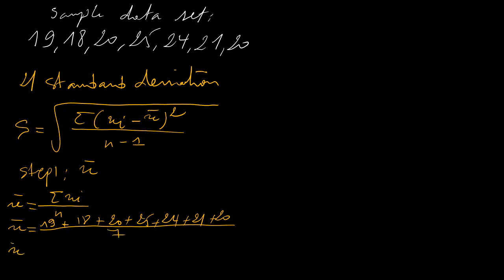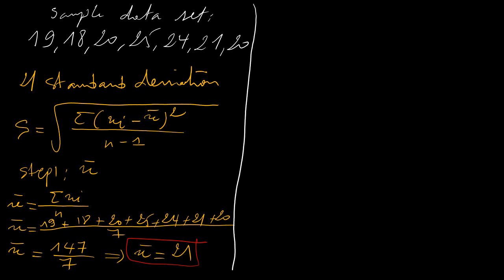So here x bar equals 147 divided by 7. So here our sample mean x bar equals 21. This is the first step.